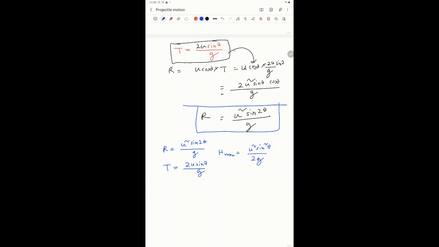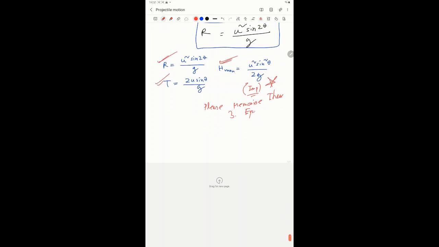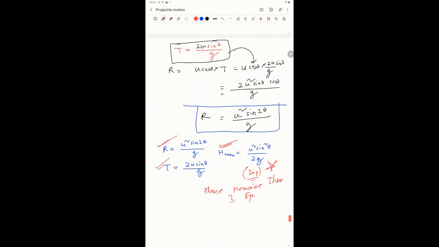These are the three most fundamental and very important equations for projectile motion. You must memorize these three equations to solve any problem in projectile motion.